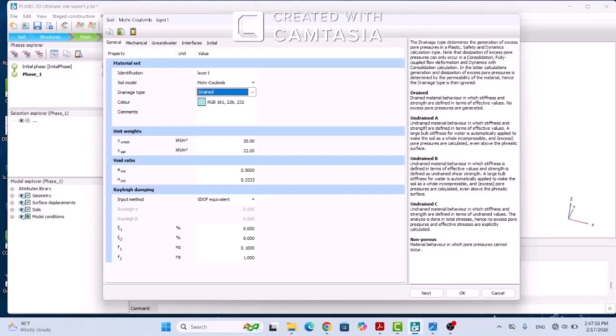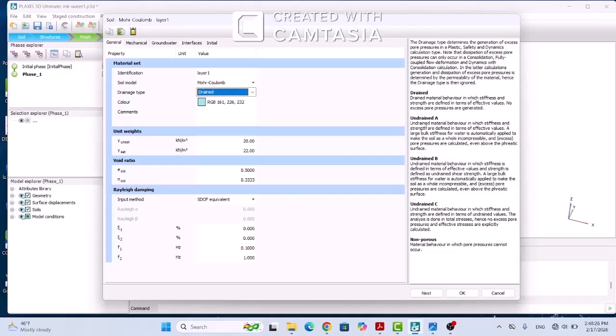But in undrained B, again, excess pore water pressure is calculated, and based on that, effective stresses will be calculated. But effective stresses are used for calculating deformation only.